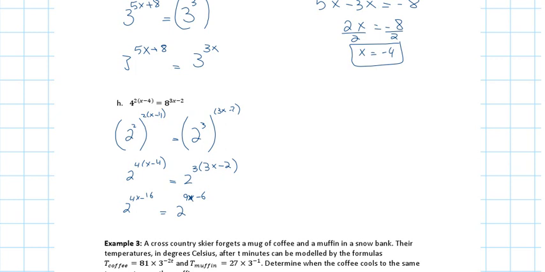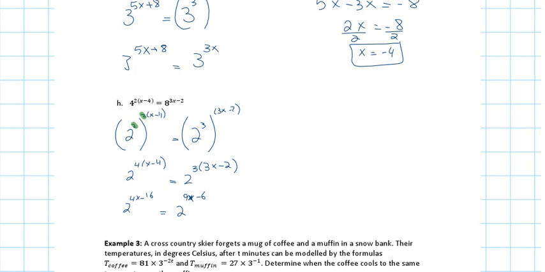Okay, so what I did is I made sure that I multiplied this by this, and I put that 3 in front of the 3x minus 2. Now I just distributed the 4 in, and I distributed the 3 in, right?